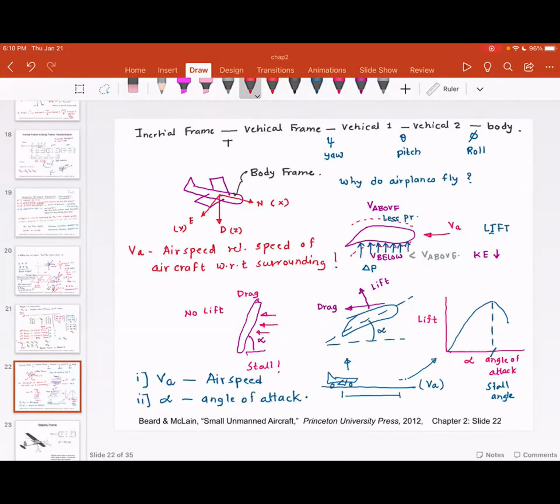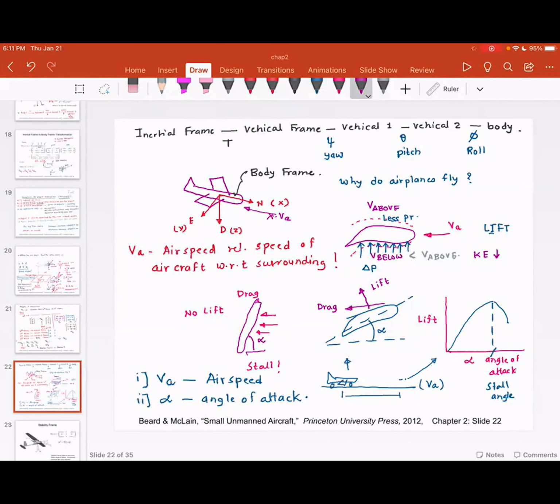Please try to understand that all the aerodynamic forces like lift and drag are generated because of airspeed. And let me show you, airspeed is never going to be in the direction of this north. So VA will never be in this direction.